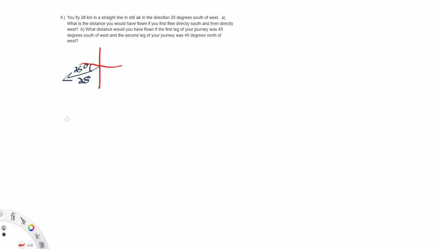We'll call this vector A. That means that the components of A are 28 cosine 25 and 28 sine 25.